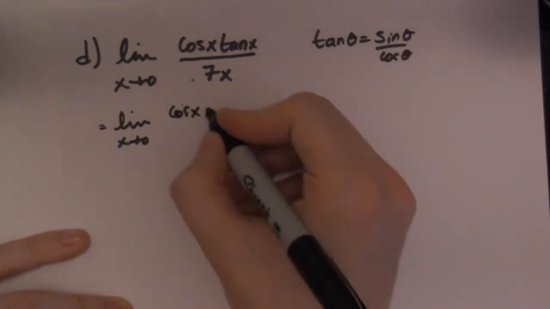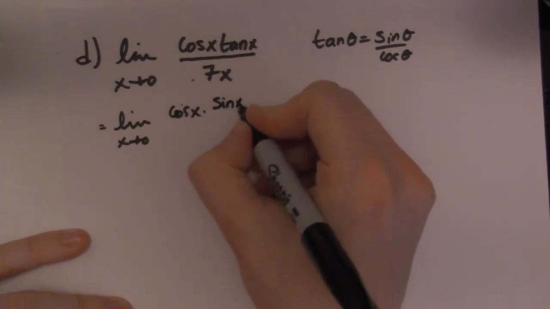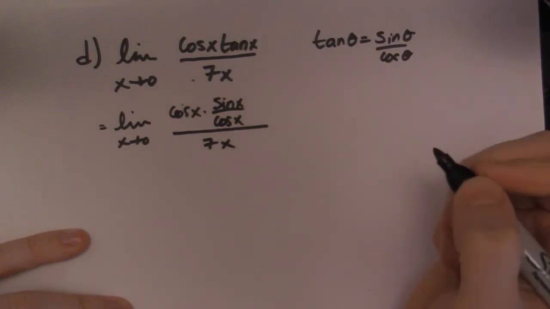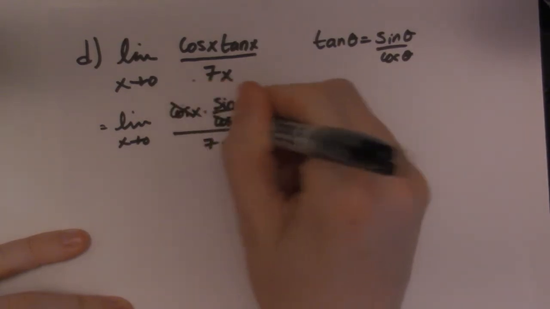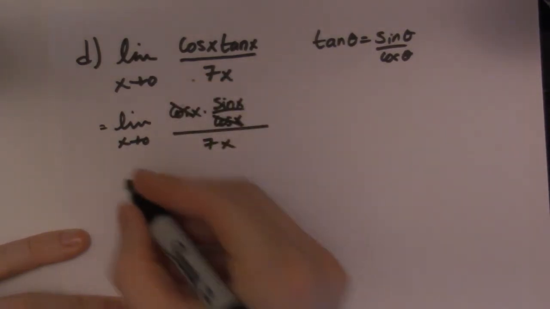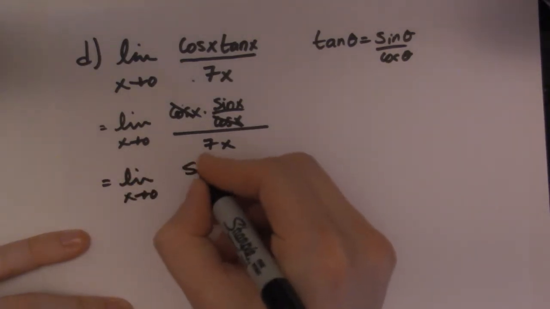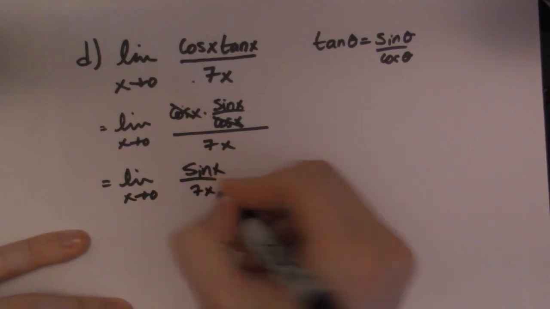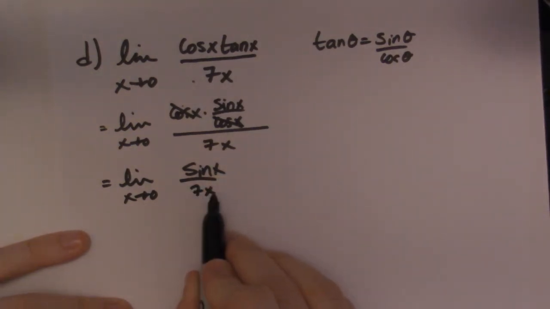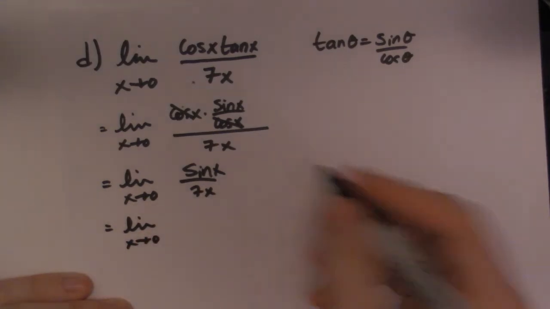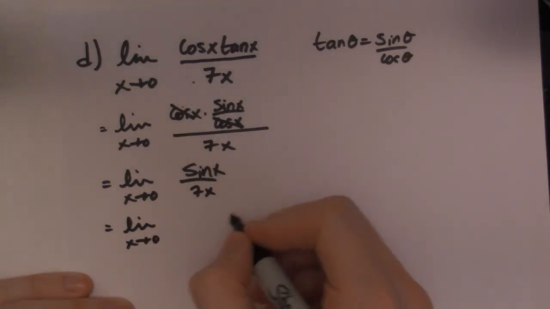So then I have cos x, and that's sine x over cos x all divided by 7x. Then these coses can cancel just like that, and I'm left with the limit as x goes to 0 of sine x over 7x. I can break this 7 and the x up, because I want to make sine kx over x, in this case sine x over x.